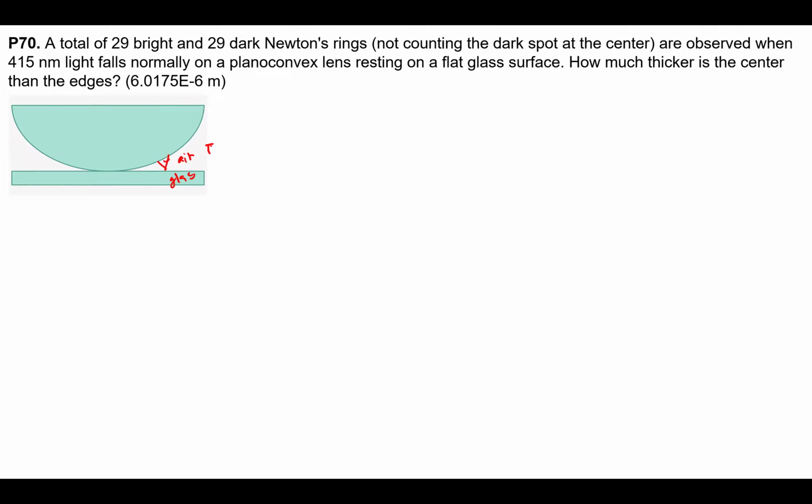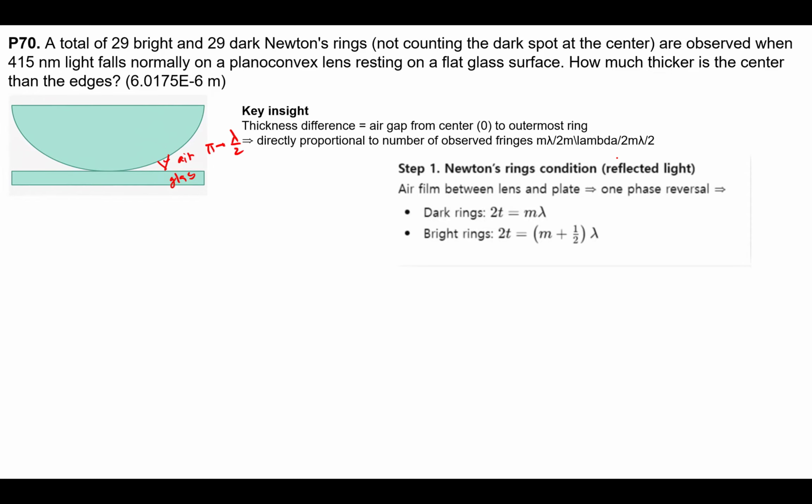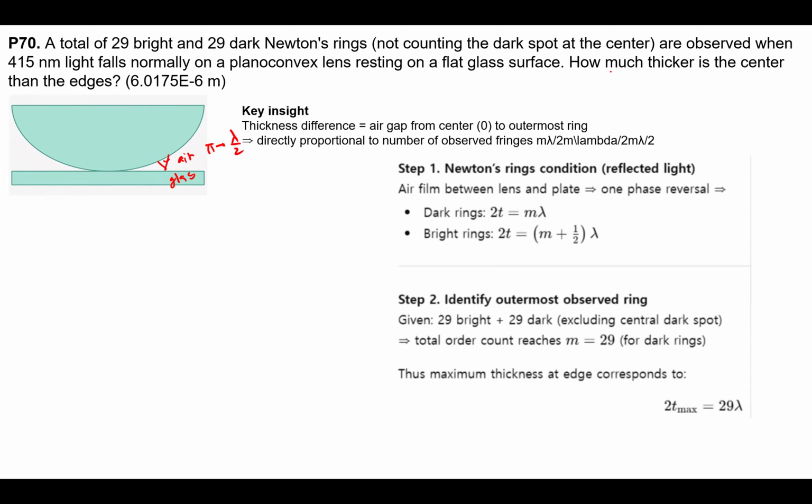There's a pi phase shift, a path difference, so that there's a half lambda. Newton's ring conditions: dark fringe is 2t equal to m lambda. So this is very similar to the wedge because of this pi phase shift or half lambda.